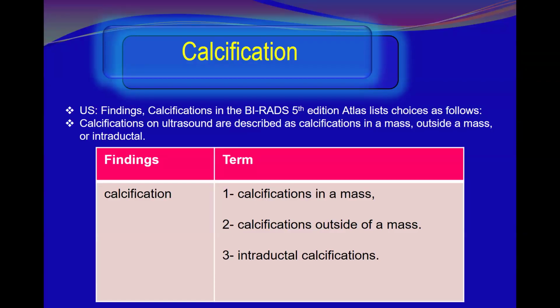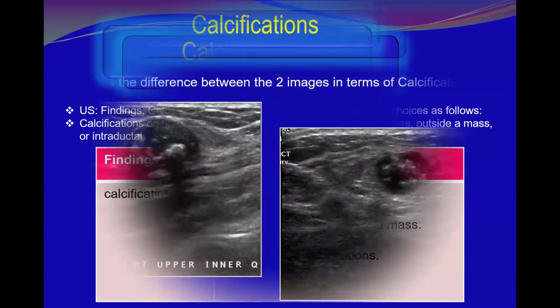Early on in the 4th edition, the description of calcification was only calcification in a mass, but in the 5th edition, 2013, calcifications are characterized as calcification in a mass, calcification outside a mass, and intraductal calcifications.